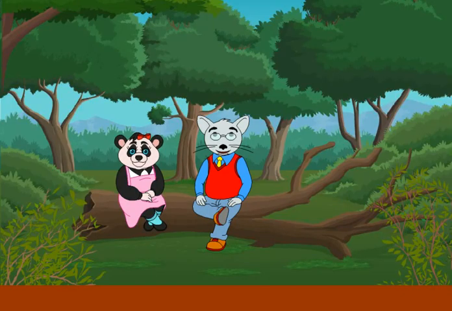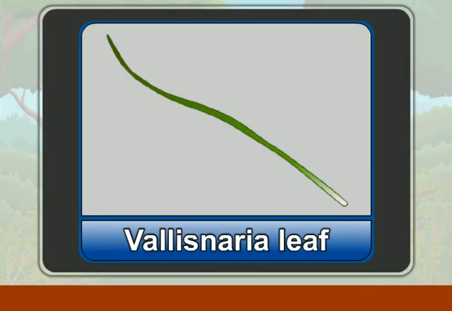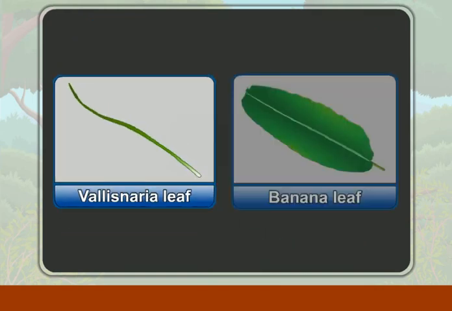Students, you all know that a banana leaf is very flat. Now look at the Vallisneria leaf. Is it flat like a banana leaf? No, it isn't.